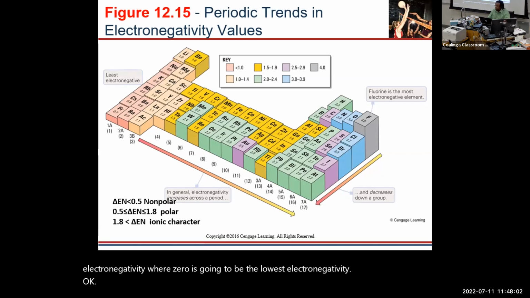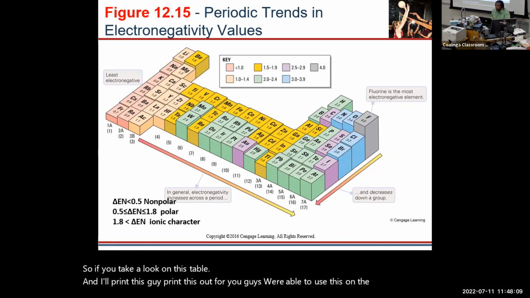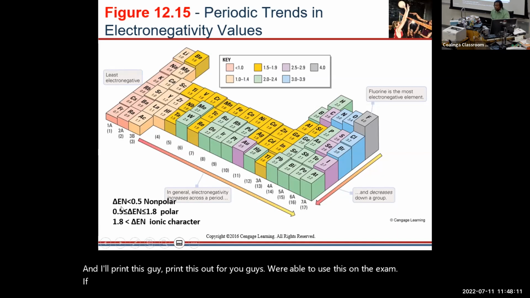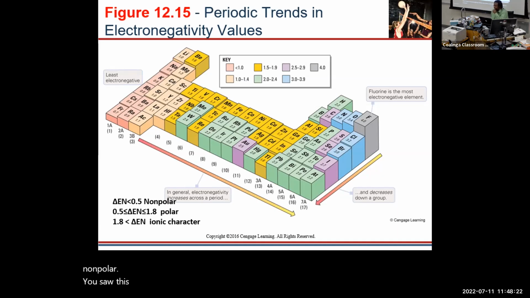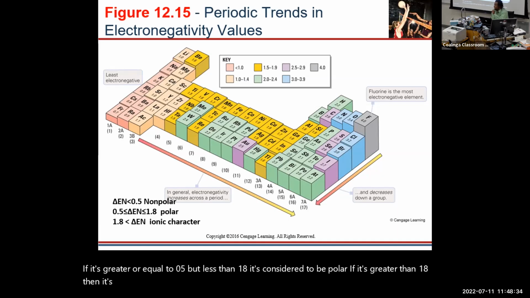So if you take a look on this table, I'll print this out for the graduate. If the change in electronegativity between 2 atoms is less than 0.5, it's considered to be non-polar. If it's greater or equal to 0.5 and less than 1.8, it's considered to be polar. If it's greater than 1.8, then it's considered to be ionic.